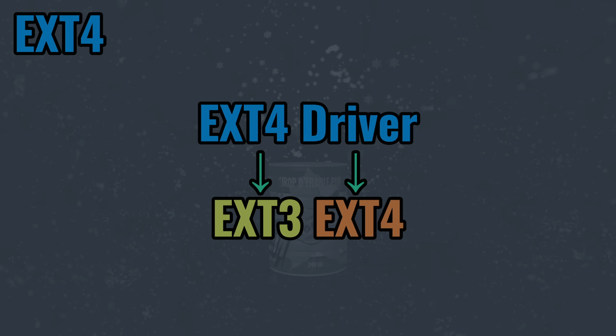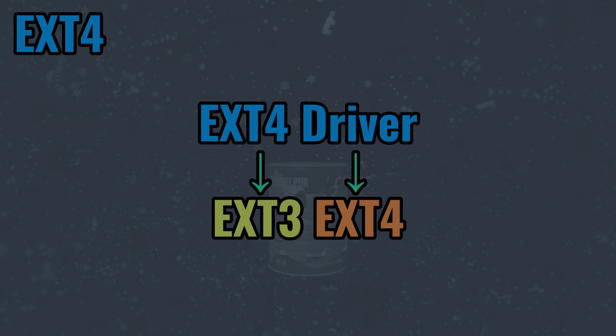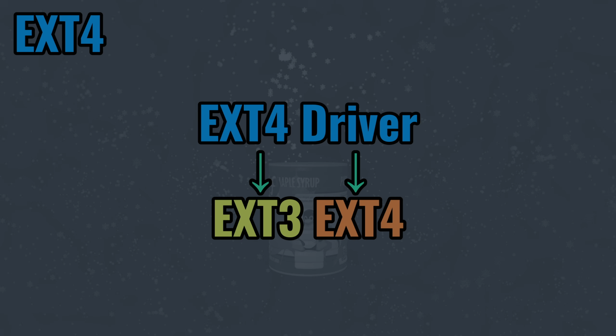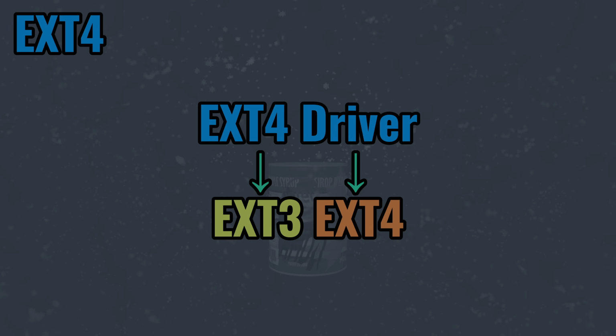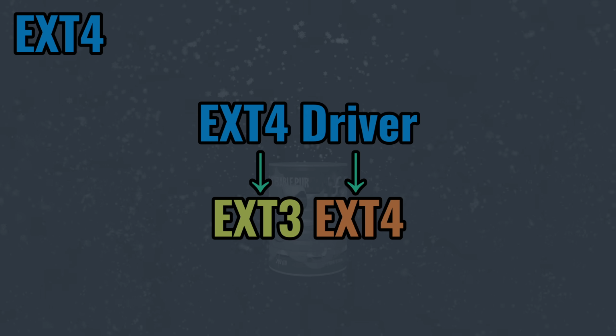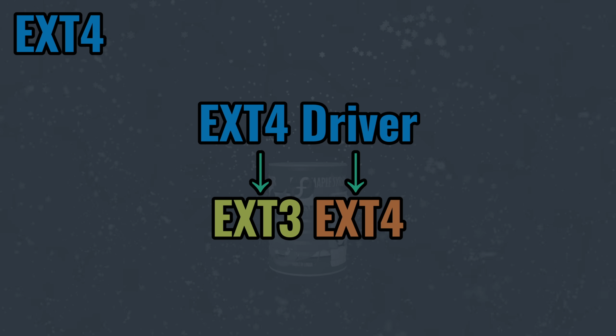So now if you're trying to mount an EXT3 file system, you're not mounting a real EXT3 driver that's made only for EXT3. There is no code inside of the kernel for that. There is only EXT2 and EXT4. So that compatibility, that fact that the drivers still need to read the old partition, was kept inside of the kernel.